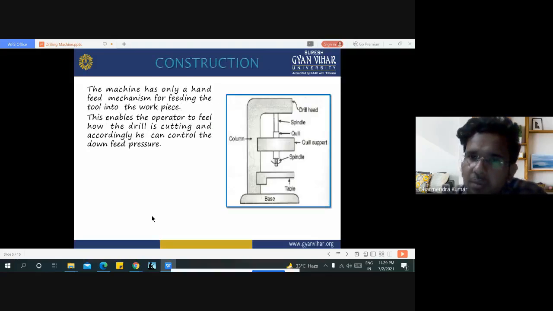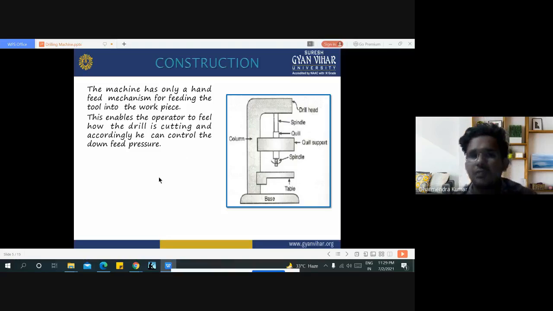Construction of the drilling machine. Here are the various components associated with the drilling machine: base, column, table, spindle, quill support, quill, spindle, and the drill head. Here a servo motor is employed for feeding the drill bit onto the workpiece.